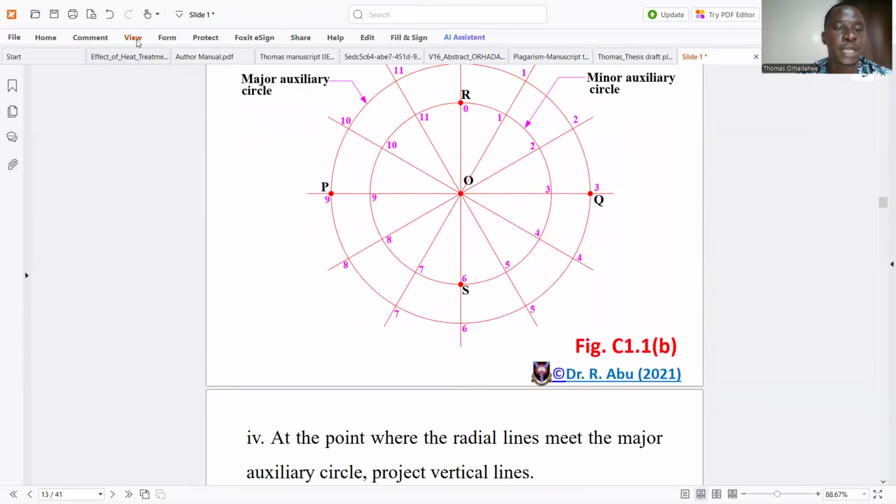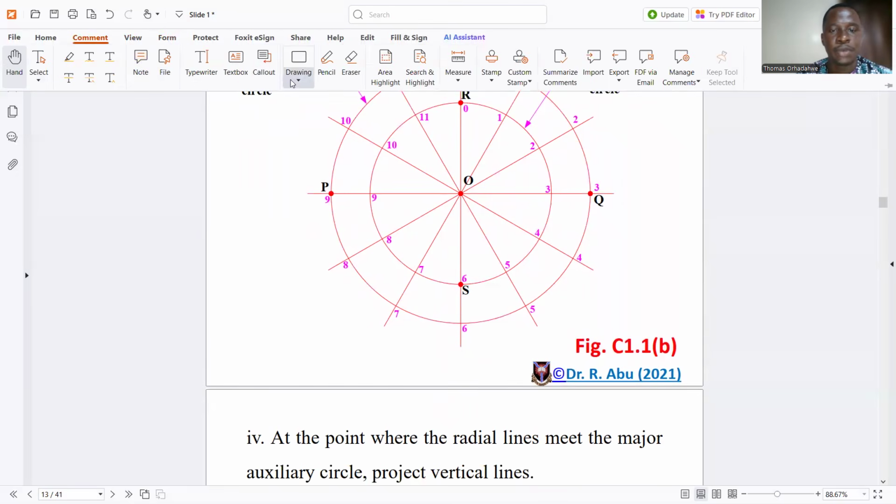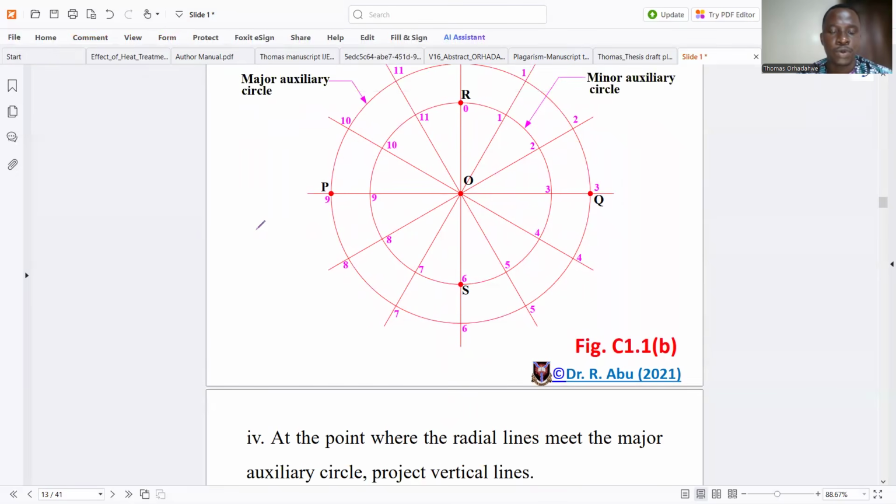Let me assume that I have, let me pick a pencil too now. So let's say this is my circle. I have this line drawn already, and I also have my minor angles drawn.